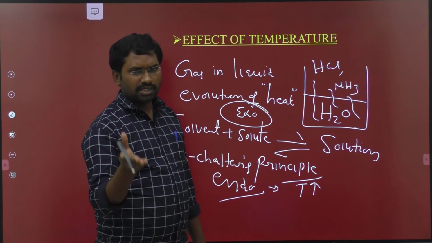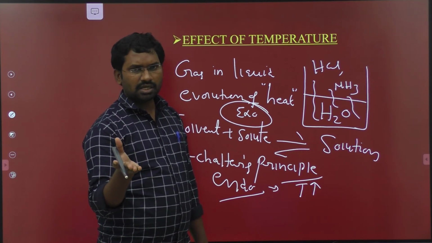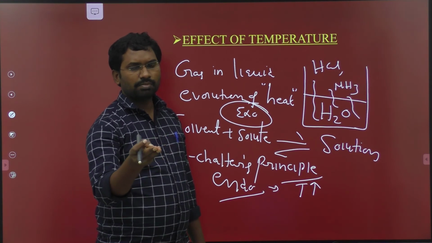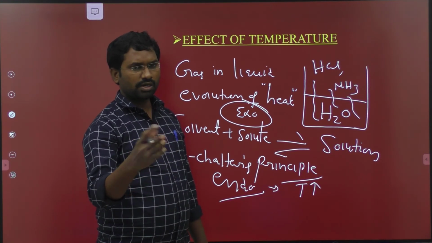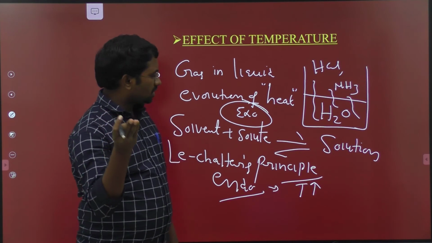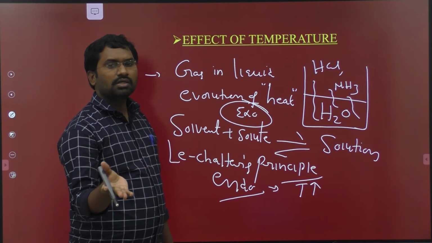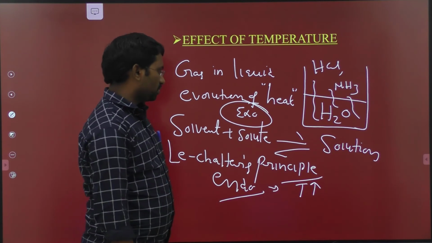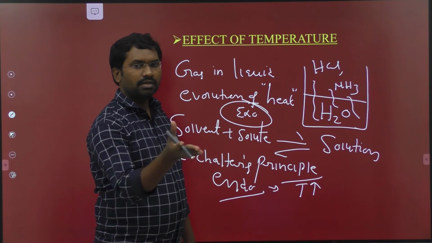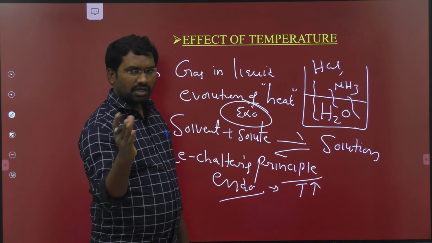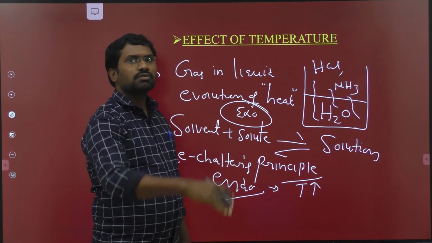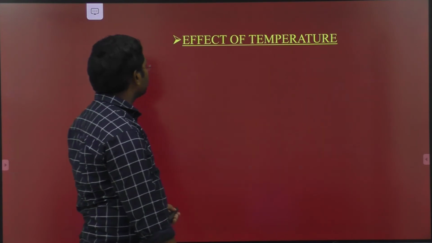Gases have a volatile nature, so they escape out when we give some heat or temperature. So in an endothermic process, by giving some heat, when the temperature increases, automatically the amount of gas escapes out.